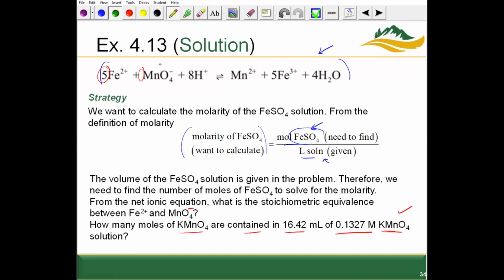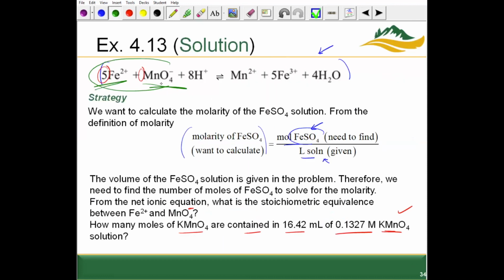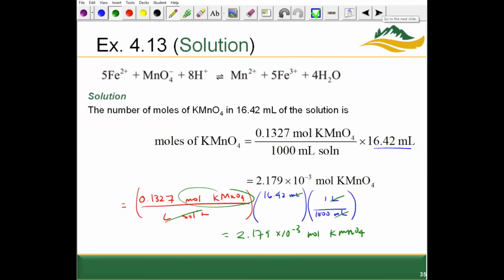Now using this balanced net reaction, we can connect potassium permanganate to Fe2+. Remember, for every 1 mole of potassium permanganate, there's 1 mole of MnO4 minus, or permanganate. So then this is the same thing as this many moles of just MnO4 minus, because it's a 1-to-1 mole ratio.